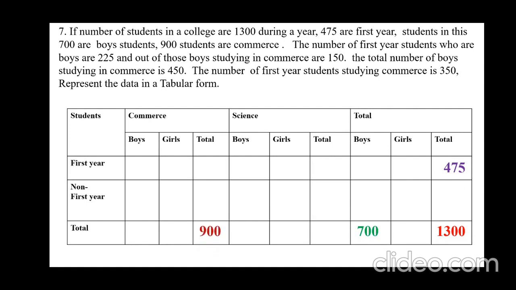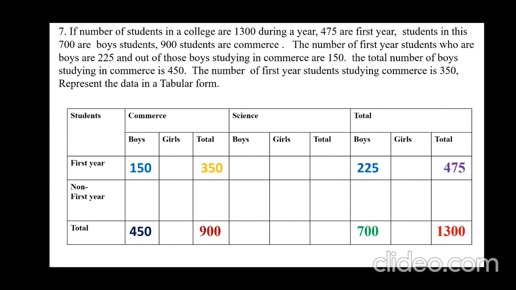Commerce total is 900. Then there are first year students who are boys, 225. Boys is 225. And those boys studying in commerce is 150. That's it. The total number of boys studying in commerce, 450. The number of first year students studying commerce is 350.